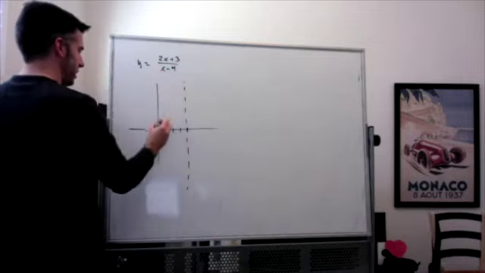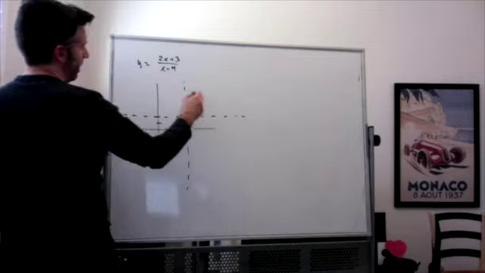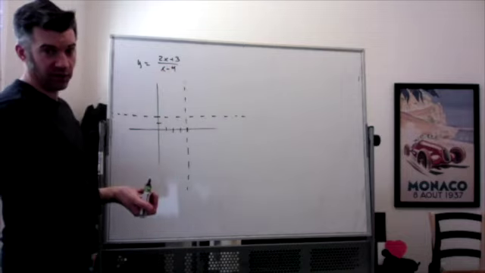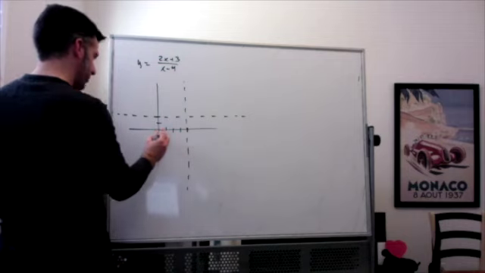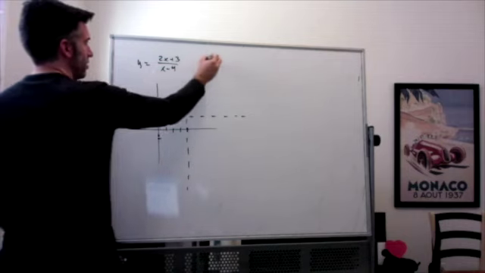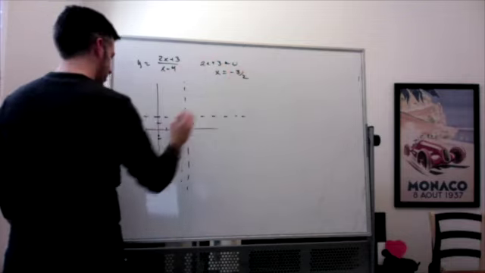It has a horizontal asymptote at y equal to 2. It has a y-intercept of -3/4, right? If I plug in 0 for x, I get 3 over -4. And it has an x-intercept of, let's see, 2x plus 3 equals 0, so x equals -3/2.